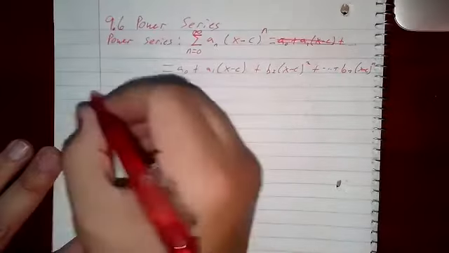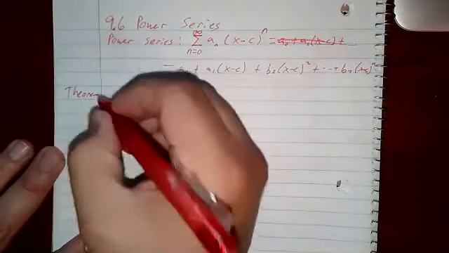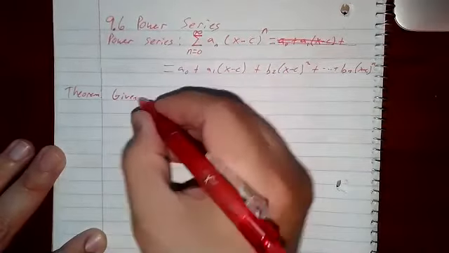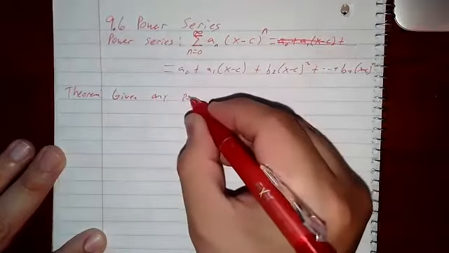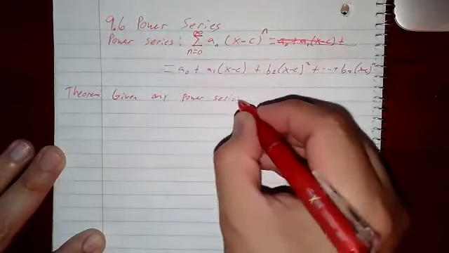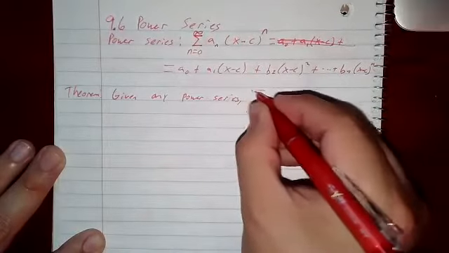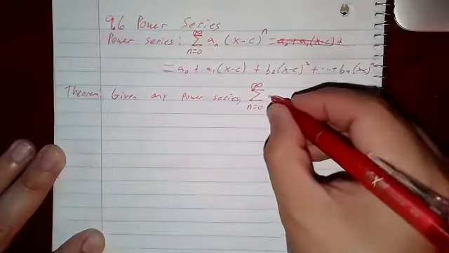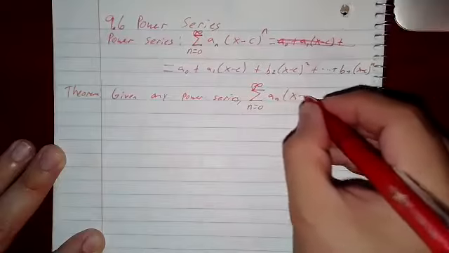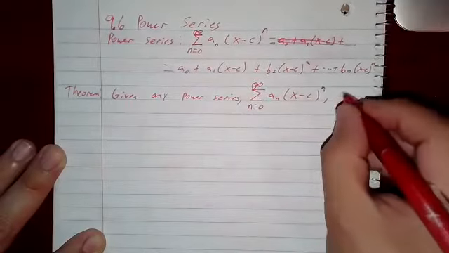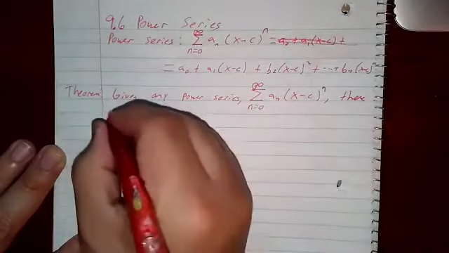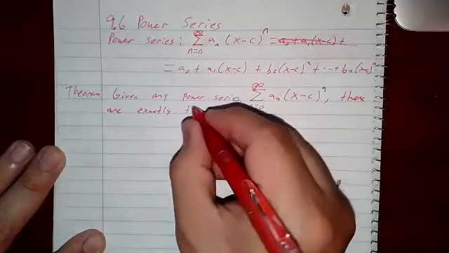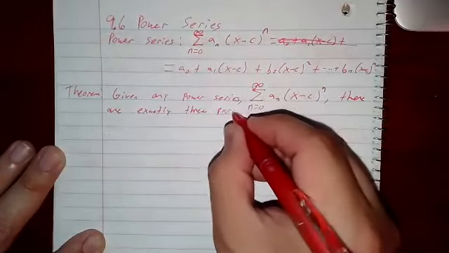All right, so here's the theorem. Given any power series, the sum from n equals 0 to infinity of a sub n times x minus c to the n, there are exactly 3 possibilities.